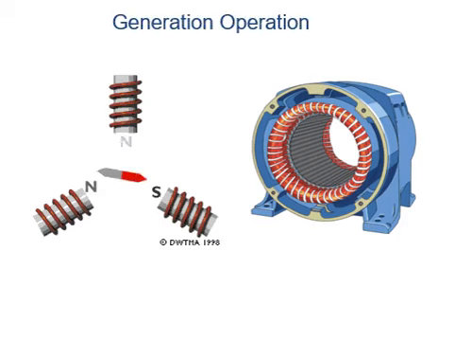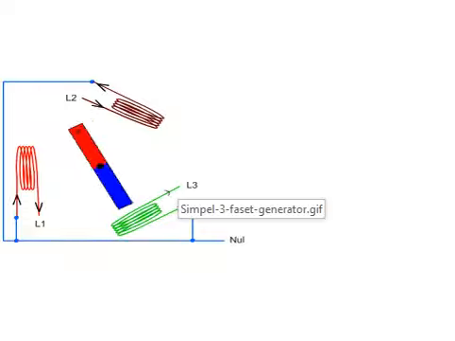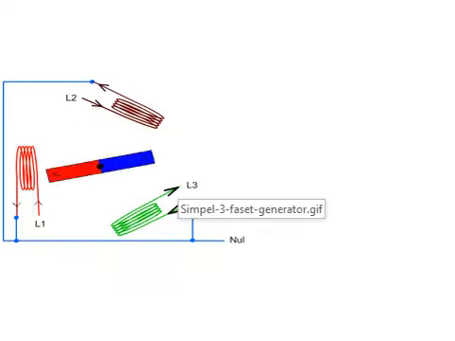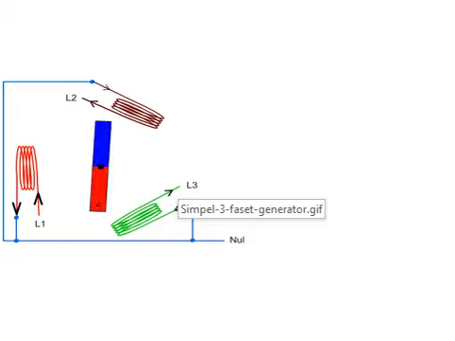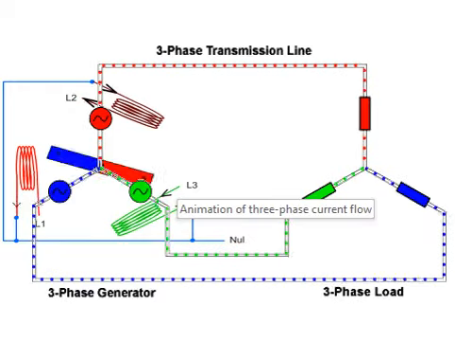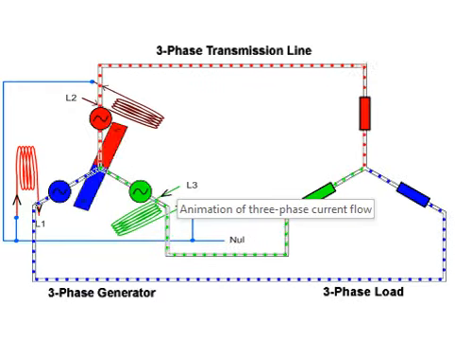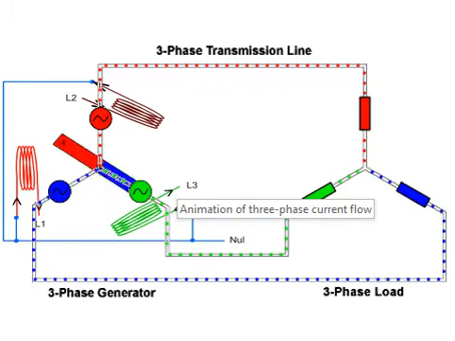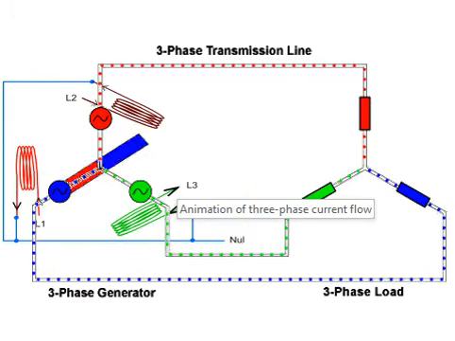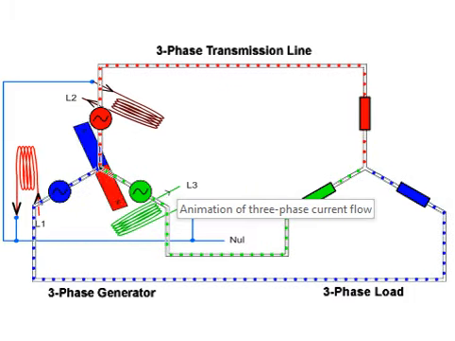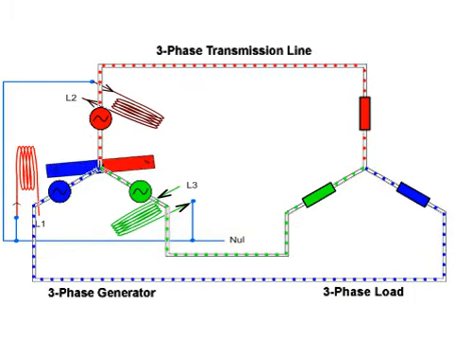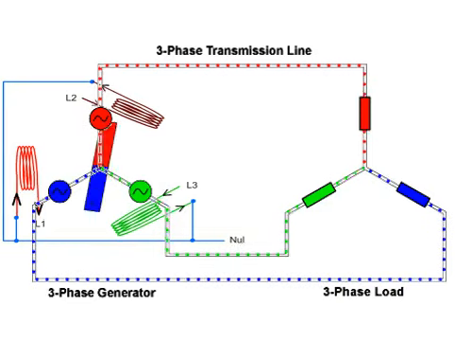Here you can see how a three-phase generator is working. This is again an example showing a three-phase generator which is then connected with the three-phase transmission line to complete the circuit, and the three-phase load is shown on the right side of the circuit.